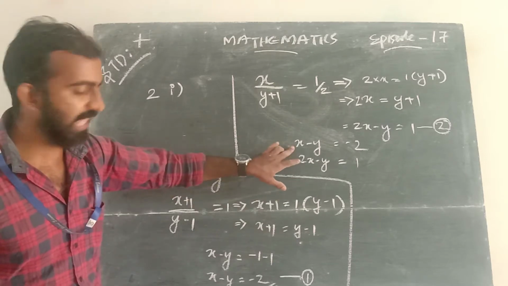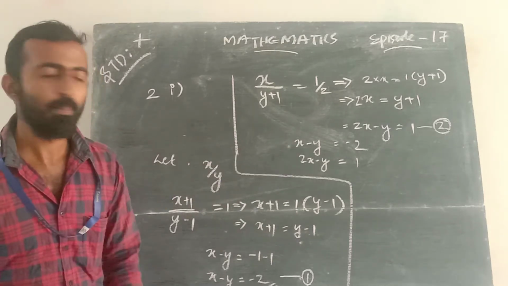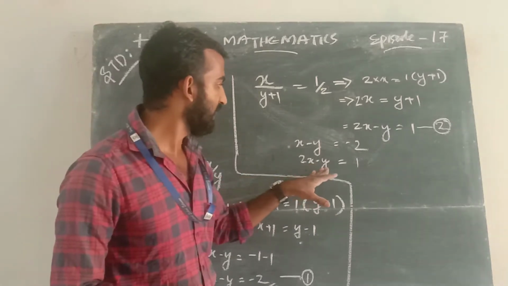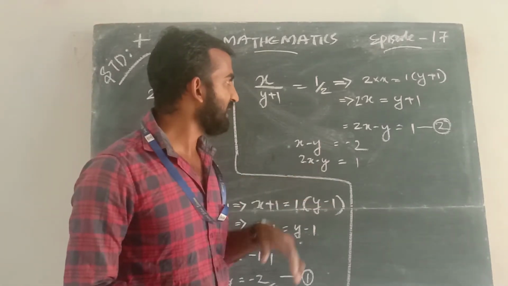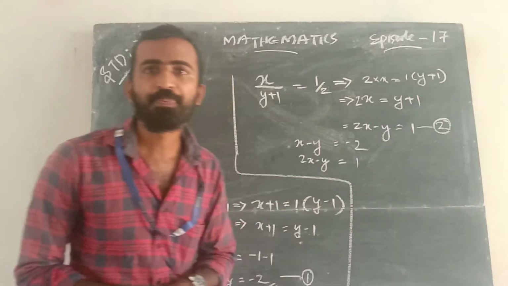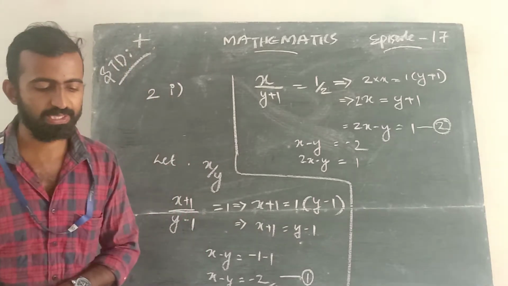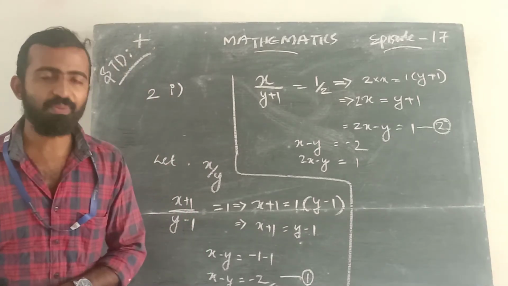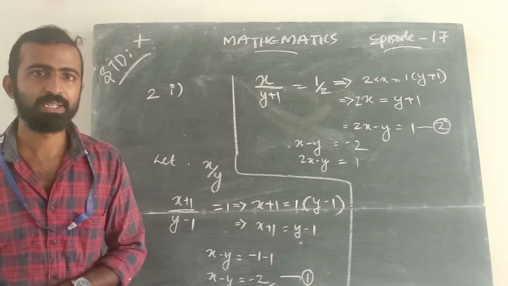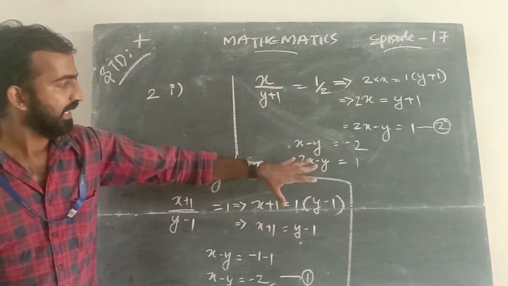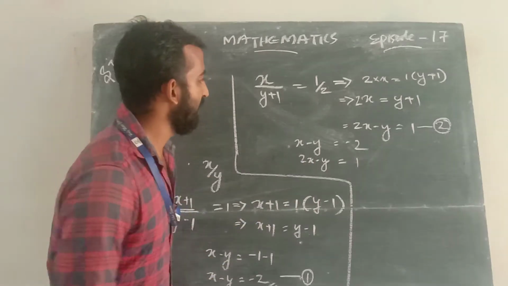Here is x minus y equal to minus 2 and 2x minus y equal to 1. Here we can simplify.